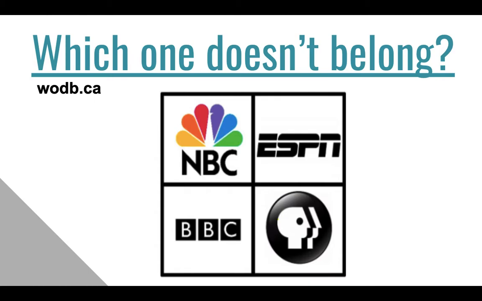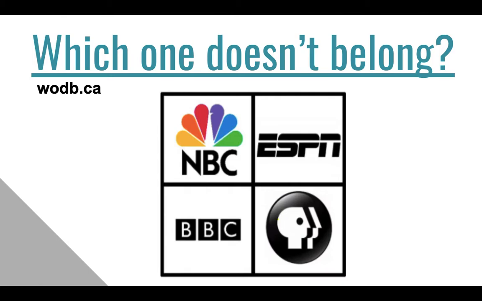So as you can imagine, many would say NBC because it's colorful, or the logo in the bottom right because it is a circle and it doesn't have any letters, or those of us who are familiar with a circle representing PBS might say ESPN because it's 4 letters. And there's so many different ways that kids think about these.